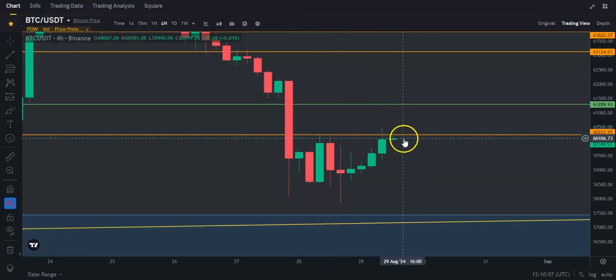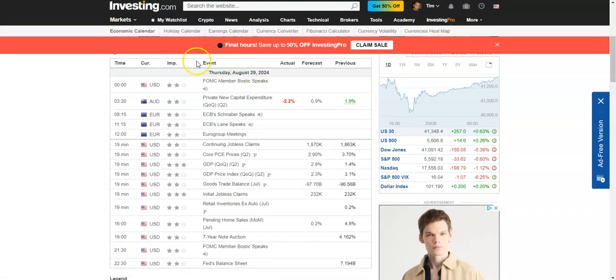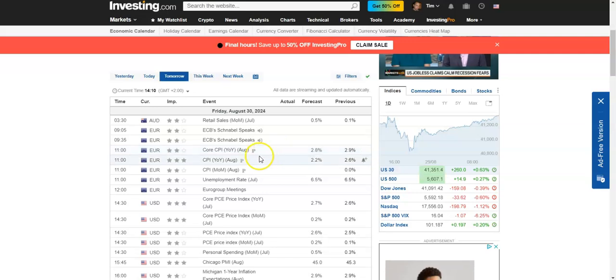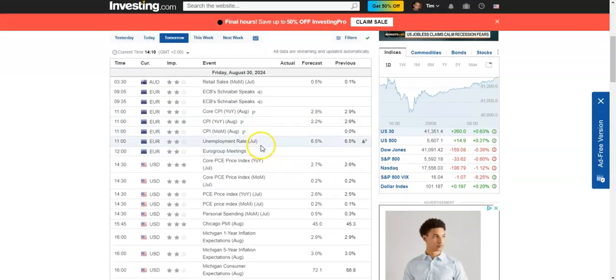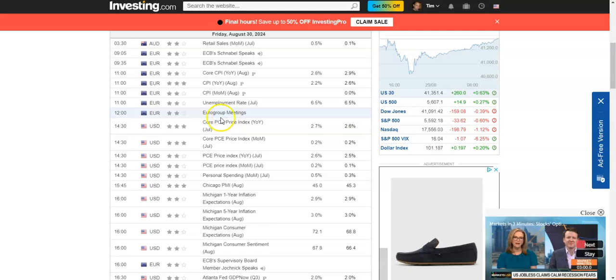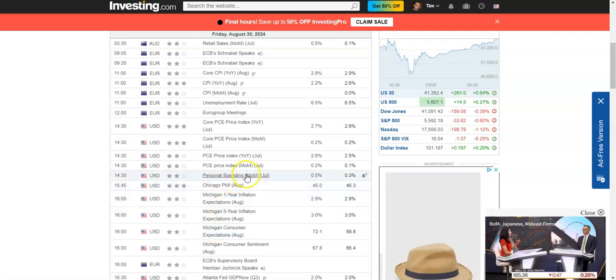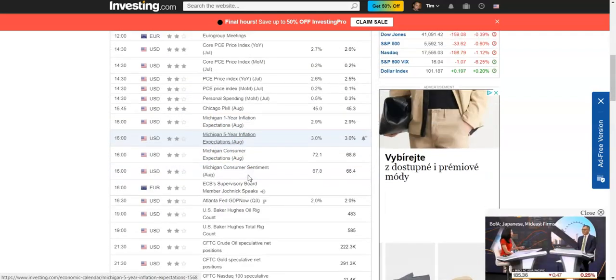I think if we have good news, we'll probably move up to this next resistance, which is a weekly resistance at 61.3. Now, I don't know if we're going to break that just with this news, but there is tomorrow actually some economic numbers too. There is a lot of European Union CPI, unemployment rate, things like this, but tomorrow is probably more important than today with core PCE price index, personal spending, Chicago PMI, Michigan numbers, and things like this.